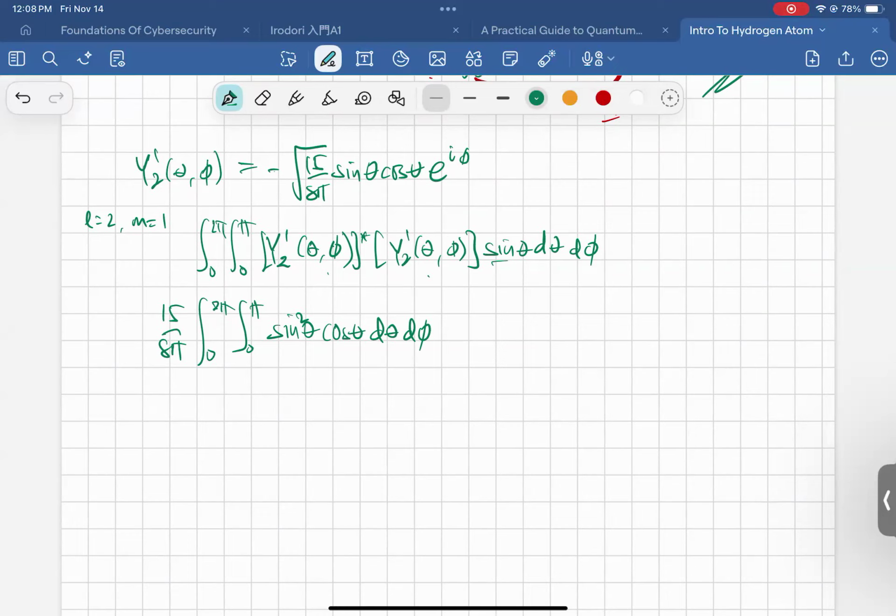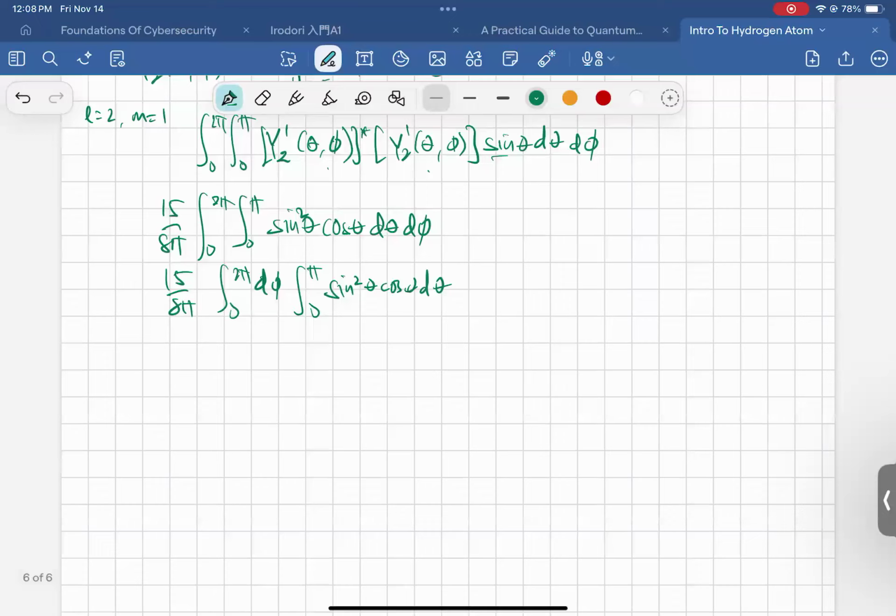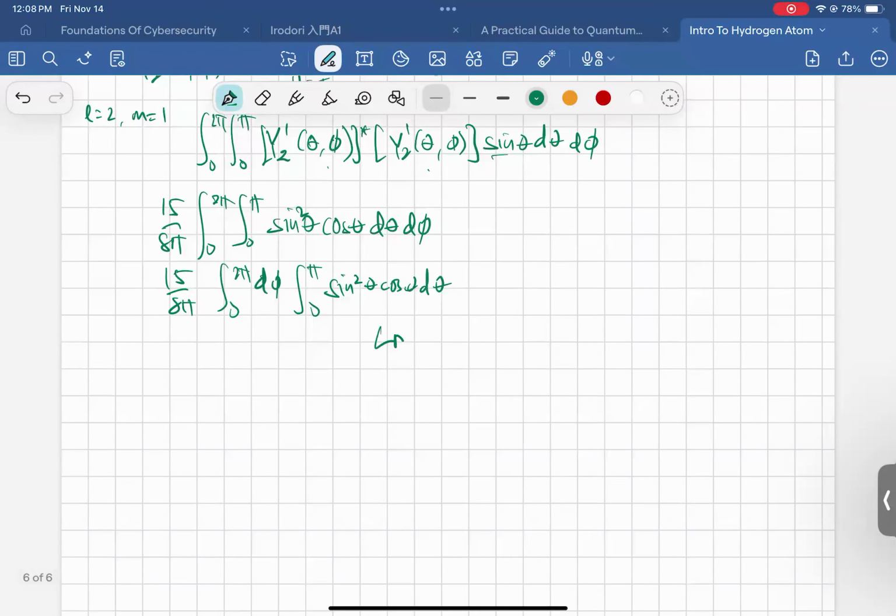Tama ba? Okay. So, next step is 15 over 8 pi, and then integral from 0 to 2 pi ng d phi. Tapos integral from 0 to pi ng sine squared theta, cosine theta, d theta.